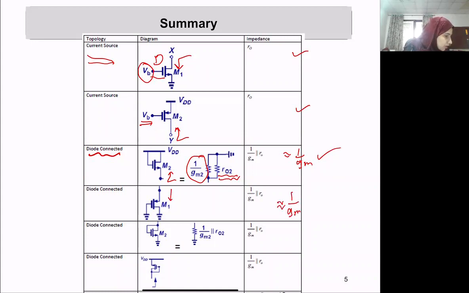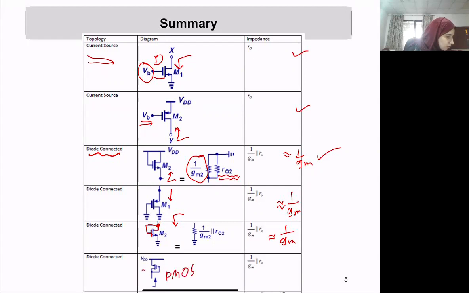And again here, it's diode connected. When the gate and drain are shorted with each other, and we are looking down on them, then we will also see 1 over Gm. Similarly, this is a diode connected device, but it's a PMOS.